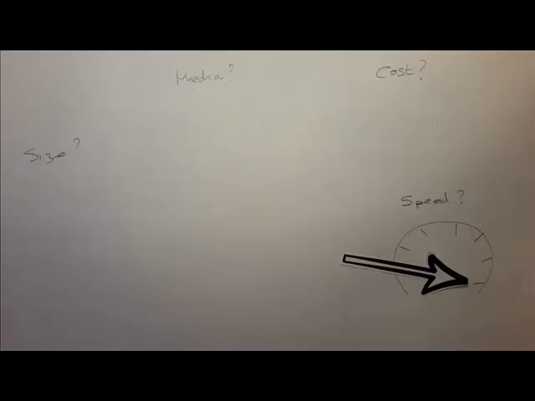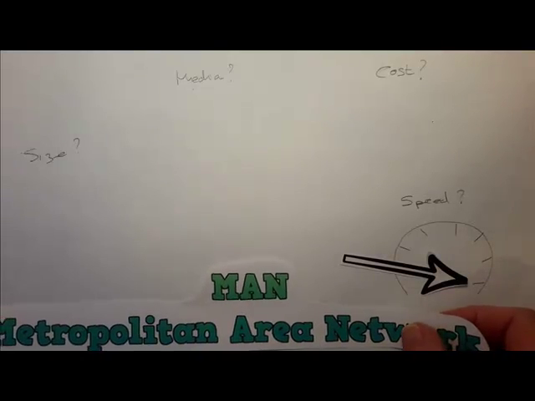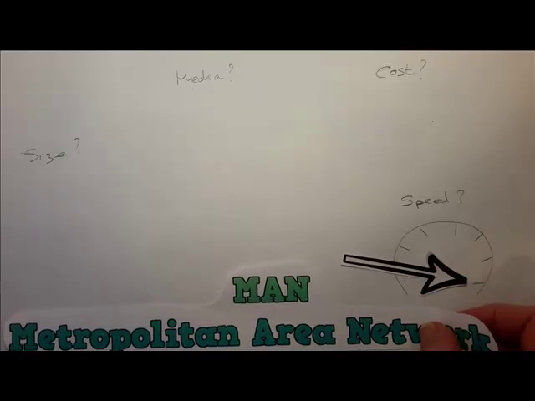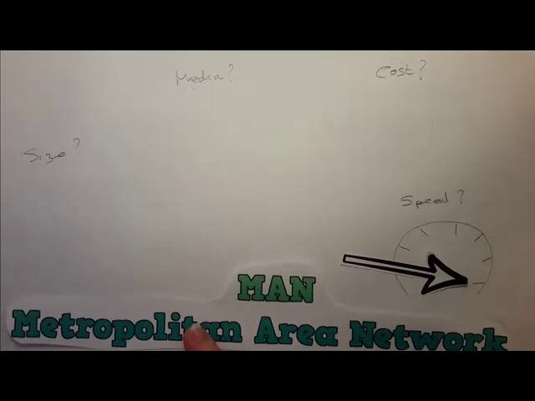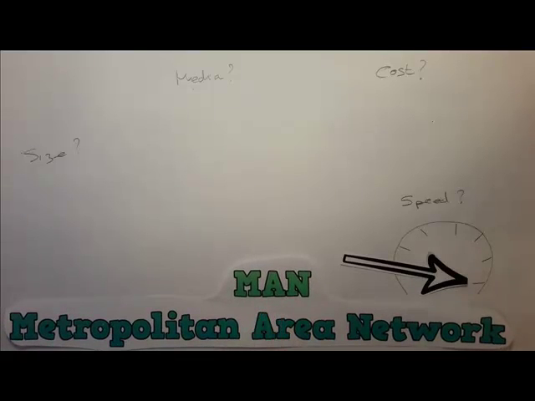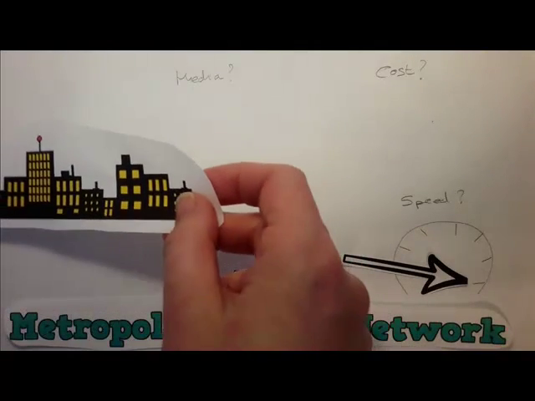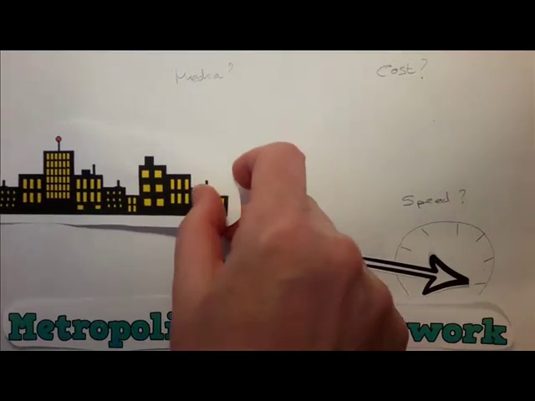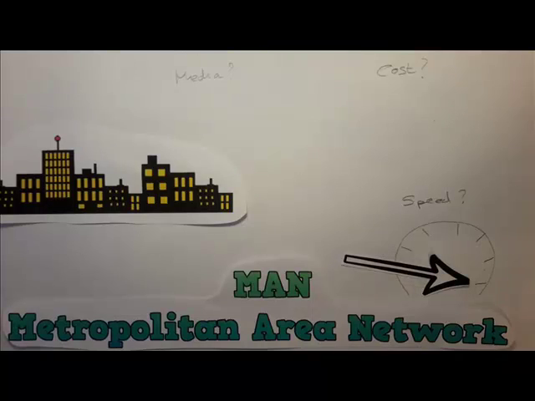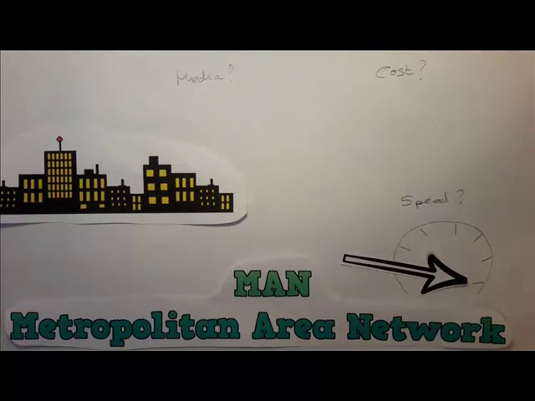The next type of network that you need to know about is a MAN, a Metropolitan Area Network. Geographically, this type of network is bigger than a LAN. It can be around between 5 and 50 kilometres. So that could mean a city or a district or a county.